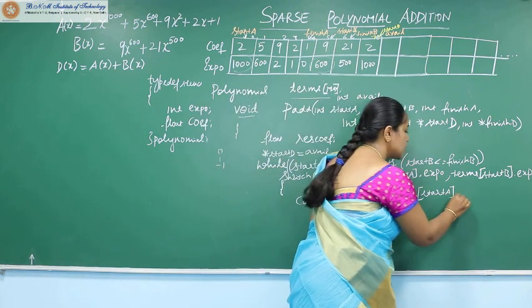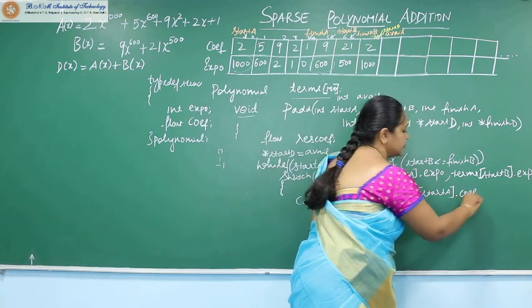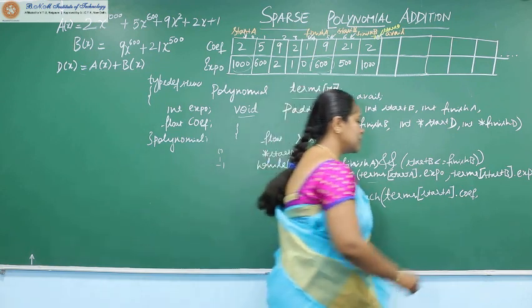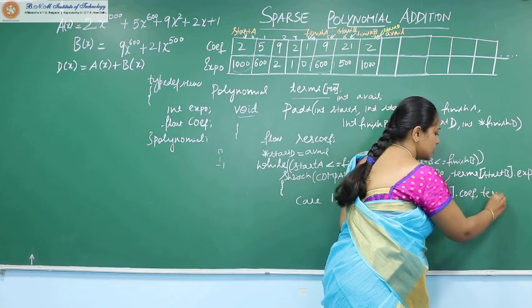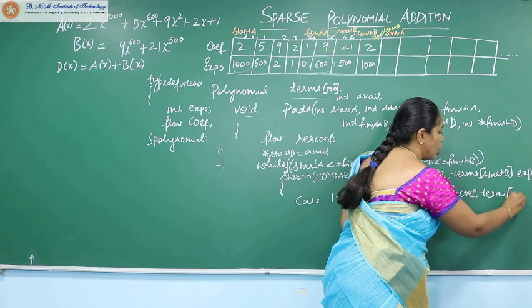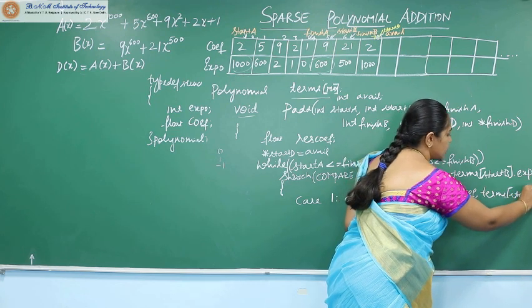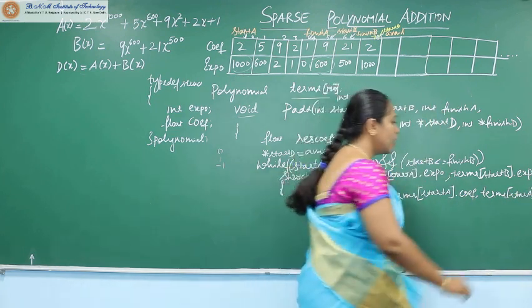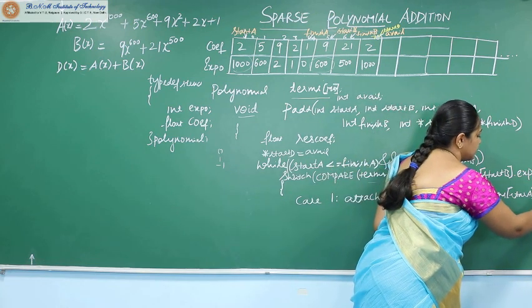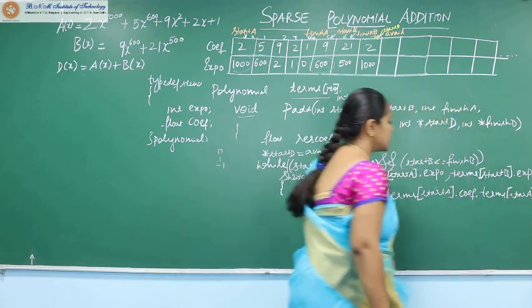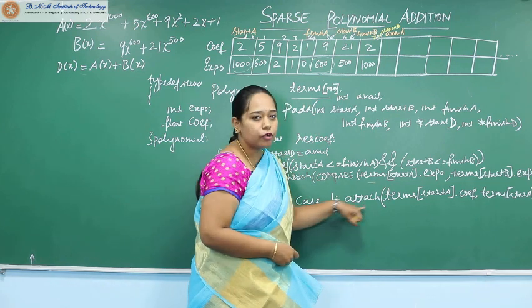So that's why it is dot coefficient. The second parameter is terms, the same array, and the index is also start A. I'm talking of the same term, but now I want the exponent. So definitely this is a function call. So we have to define the attach.